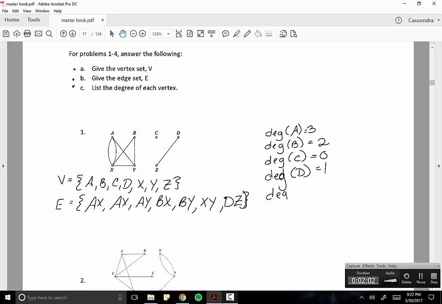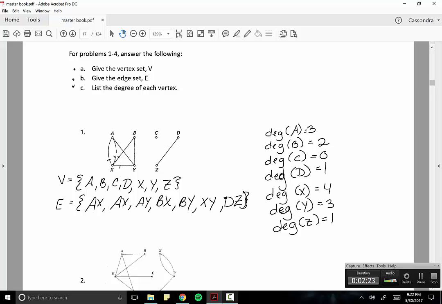The degree of X is 4 because we have 1, 2, 3, 4. The degree of Y is 3. And the degree of Z is 1.